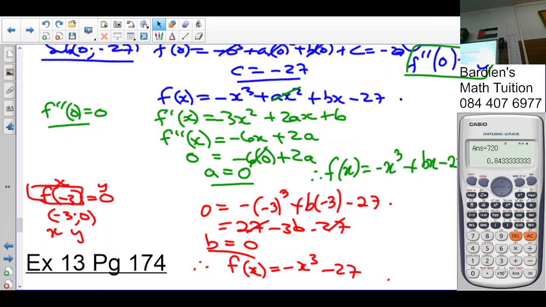So the average speed between t1 and t2 is given by the average speed formula, which is s(t2) minus s(t1) over t2 minus t1. That's the same as we do with average gradient or things like that.